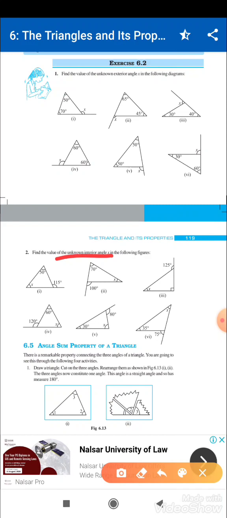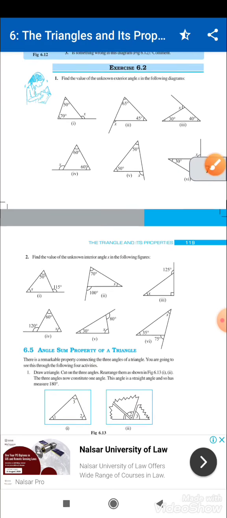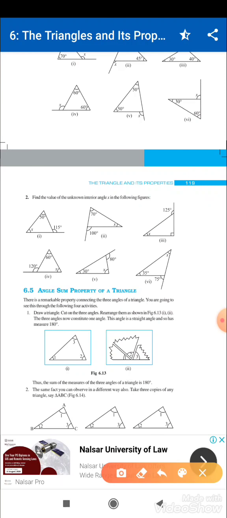In the first part, a triangle is given and two of its interior opposite angles are 50 degree and x, and its exterior angle is 115 degree.